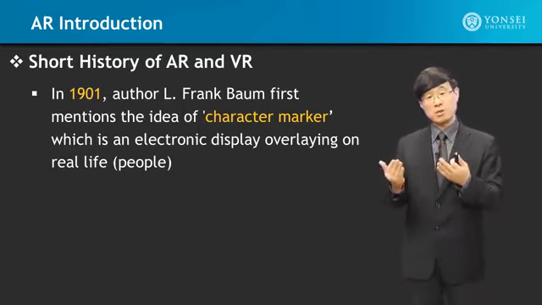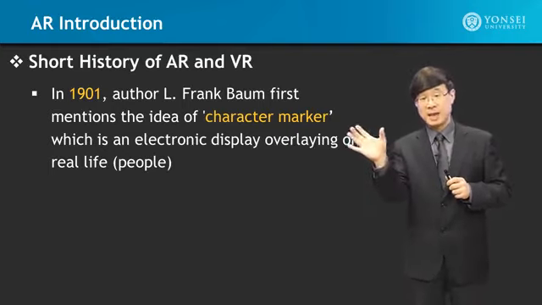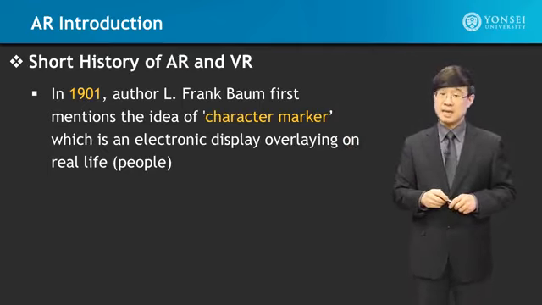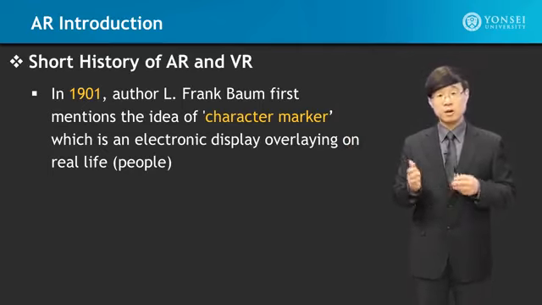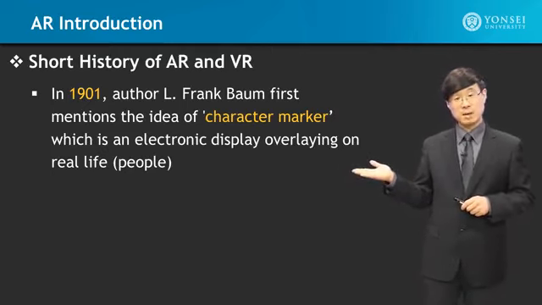So if there's a person, then on top of him or near him would be his name, maybe age, and other information that would be useful to people looking at that monitor. This was the original concept.